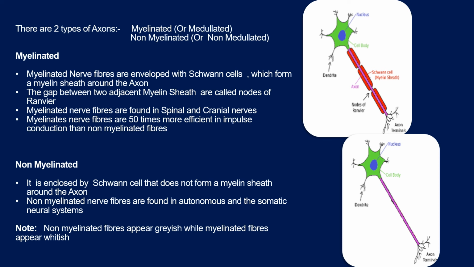It is enclosed by Schwann cell but doesn't contain myelin sheath around the axon. Non-myelinated nerve fiber is mainly found in the autonomic and somatic nervous system. And one note is non-myelinated fiber appears grayish and myelinated fiber appears whitish.